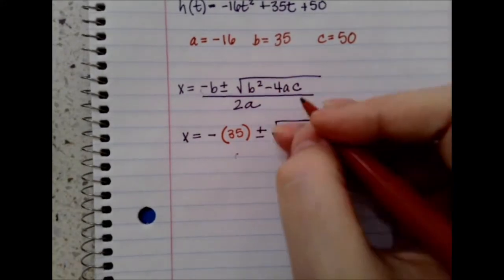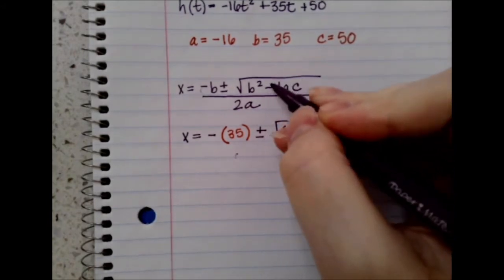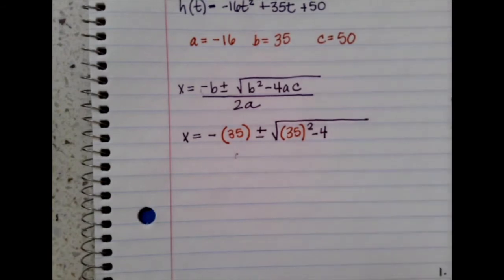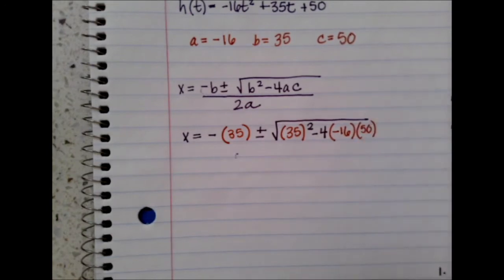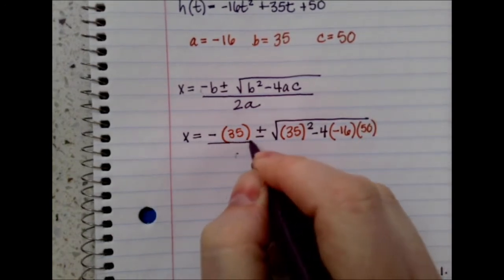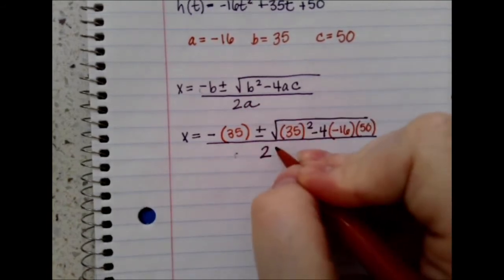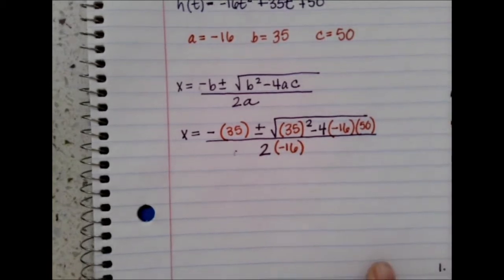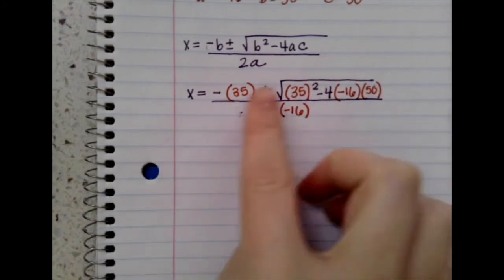And then I have another b, so in parentheses 35 again, squared minus 4, and then in parentheses negative 16 and 50. And then there's this big fraction bar. This is a 2 on the bottom, and an a, which is negative 16. So you want to plug everything into the formula inside parentheses, and you should have your quadratic formula set up like this.